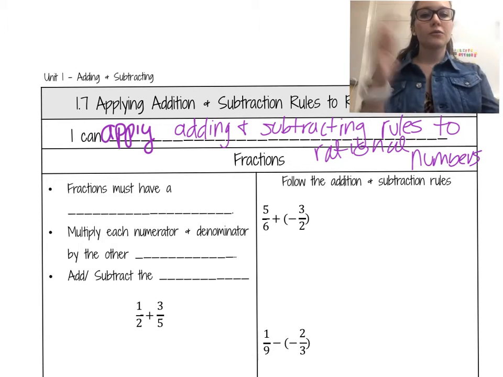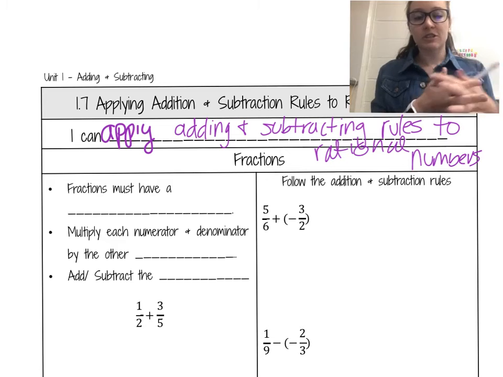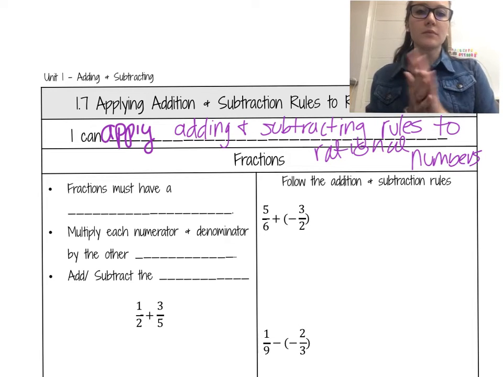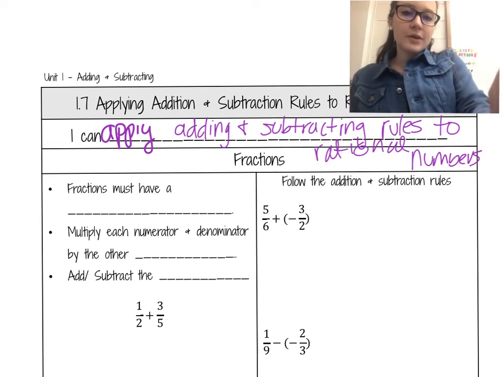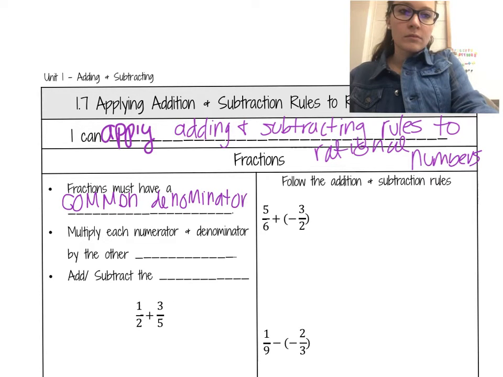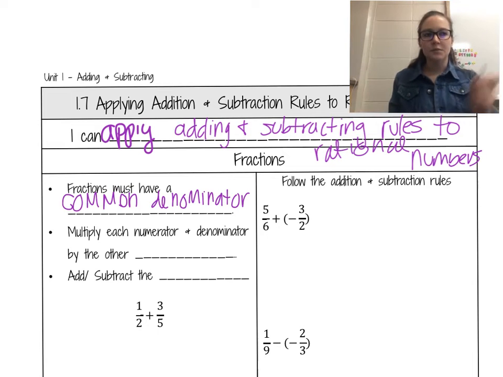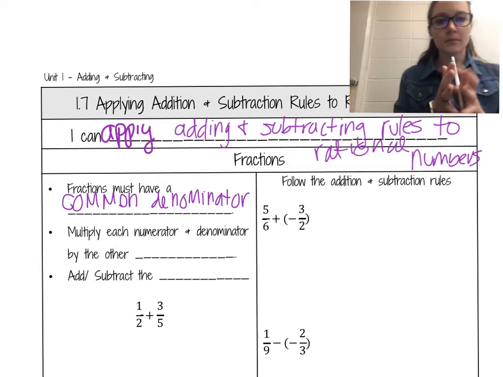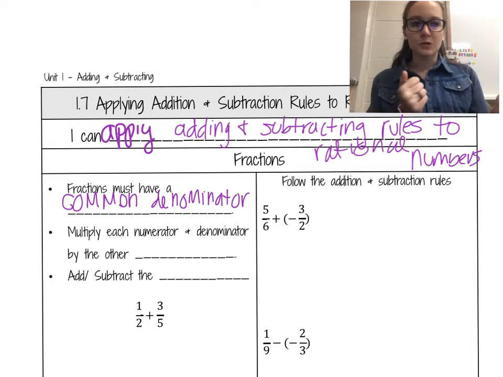So we're going to recap, how do I add fractions and decimals? Okay? So fractions need to have a common denominator in order to add them. So their bottom number of the fraction has to be the same number. Okay? We're going to do that through multiplication and division.